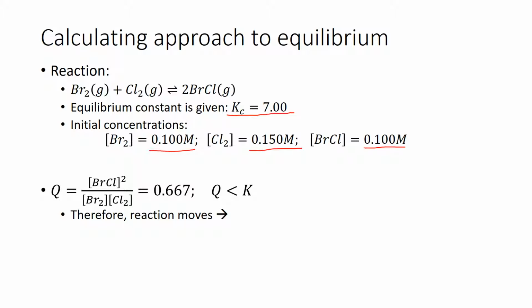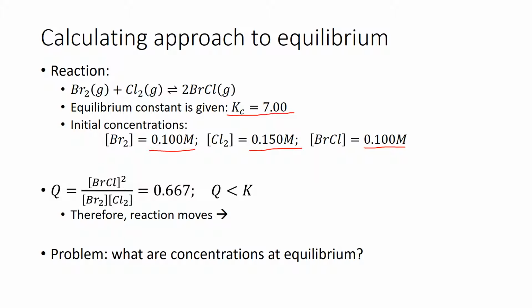Carrying out the calculation, I see that Q equals 0.667. Since this number is less than 7, the reaction is going to move to the right. And so now the question is, how far to the right is it going to move, and what are the concentrations at equilibrium?